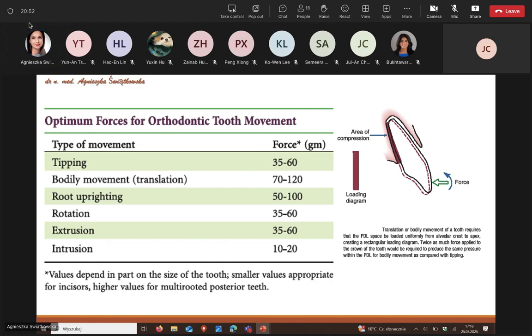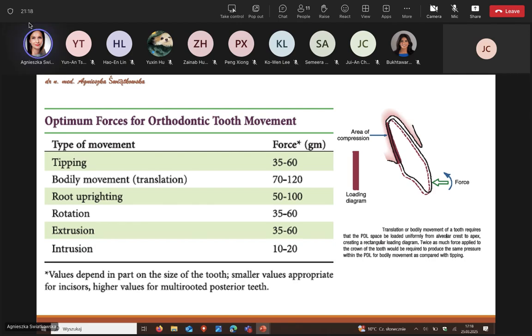This kind of movement you can see here. So force is here, but the whole tooth, root and crown, goes backward. You see in the red line the distalization of this incisor.